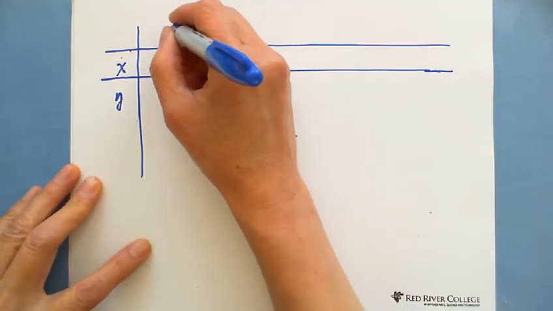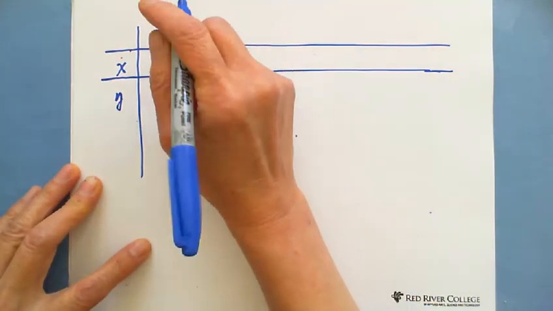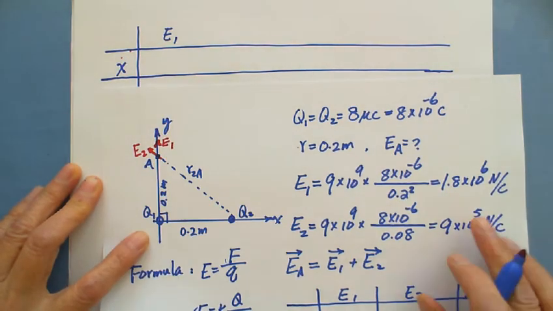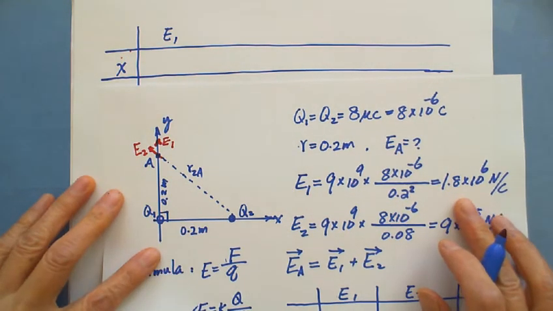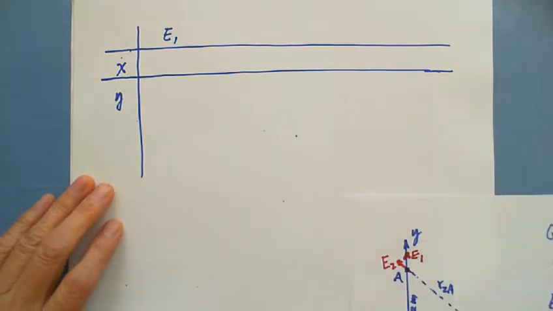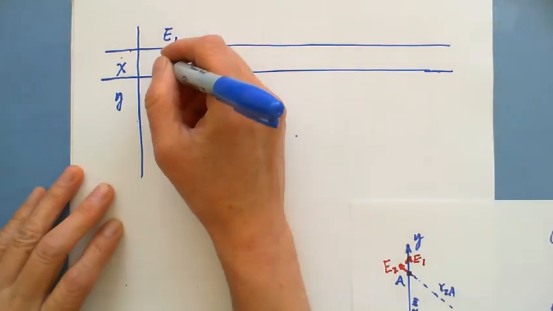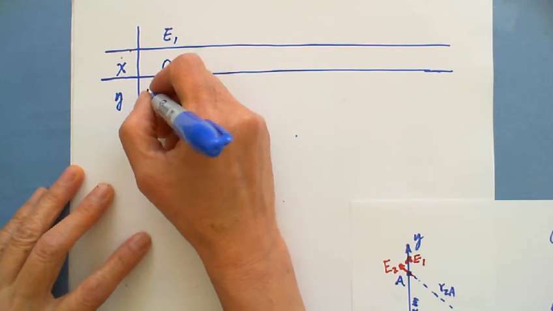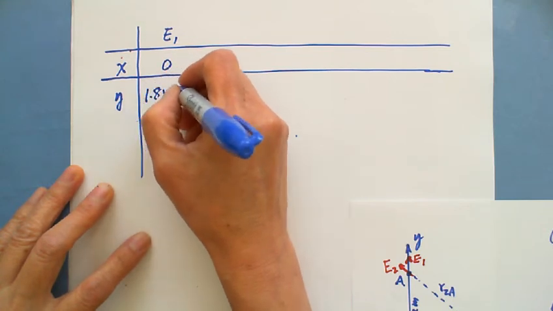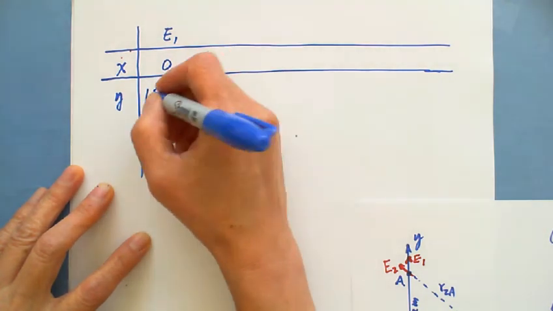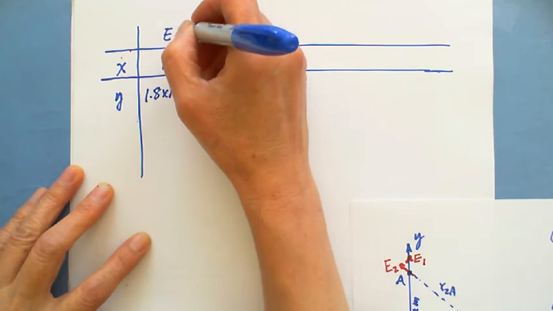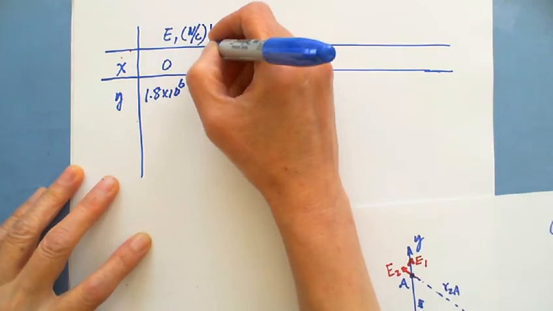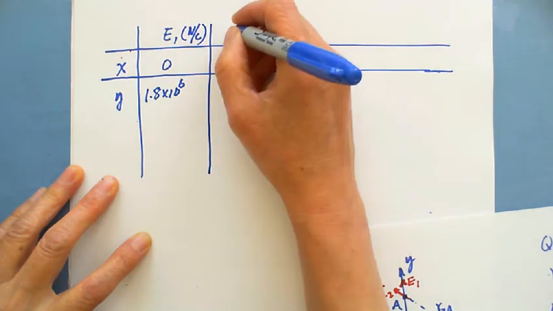So for E1, because E1 is in the y direction, which is 1.8 times 10 to the 6 exponent, right? The x direction is 0, only the y direction. The y direction is 1.8 multiplied by 10 to the 6 Newton per coulomb, right? The unit is Newton per coulomb.